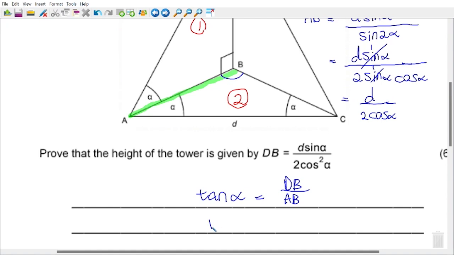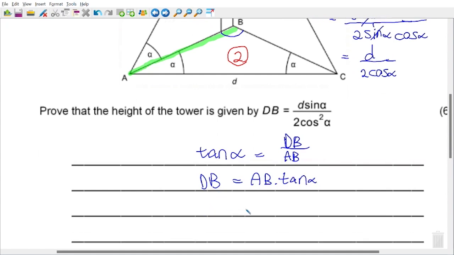So in fact DB will be AB times the tan of alpha. Now AB is D over 2 cos alpha, and tan alpha I can write as sine alpha over cos alpha.